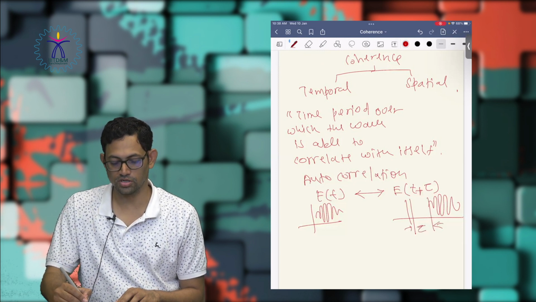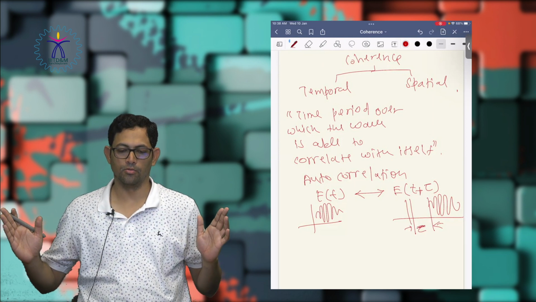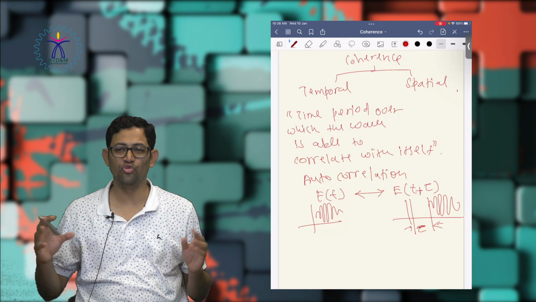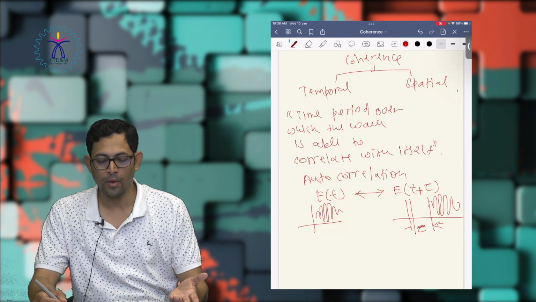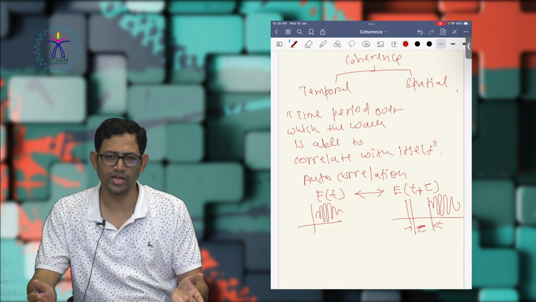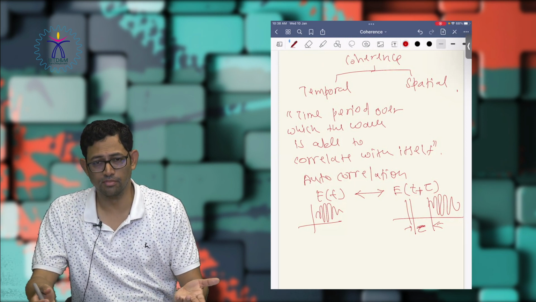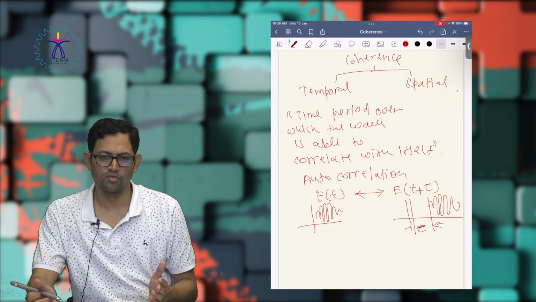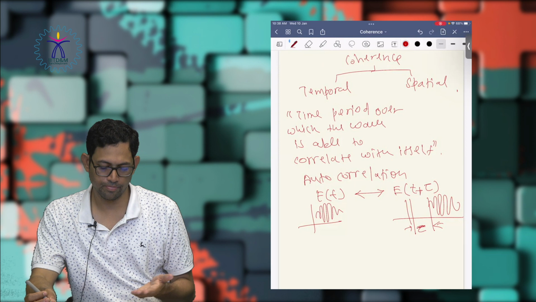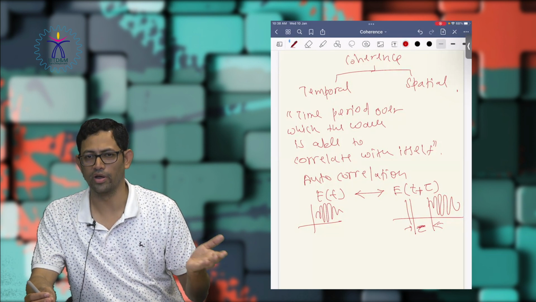We are going to see at what value of tau it loses the correlation. After some tau, it will not be able to recognize its own self. We keep shifting it, and after some tau value, it is no longer equal to the earlier wave.